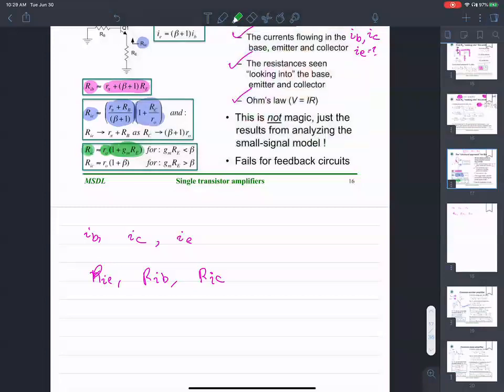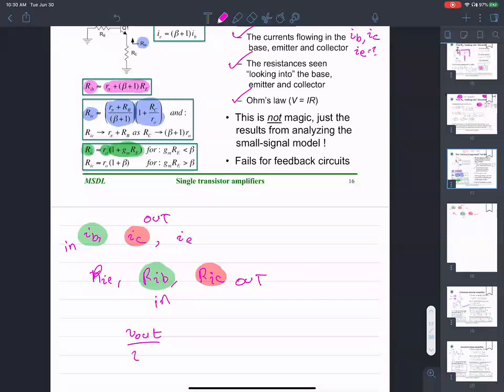Let's say you apply the input on the base. Okay, input is on the base. That's your input, and your output is this guy, the collector. Let's say that guy is your output.